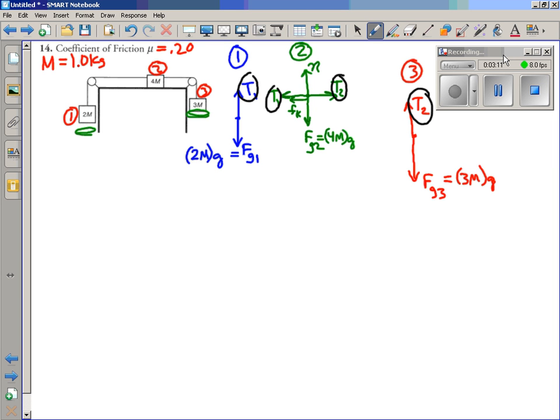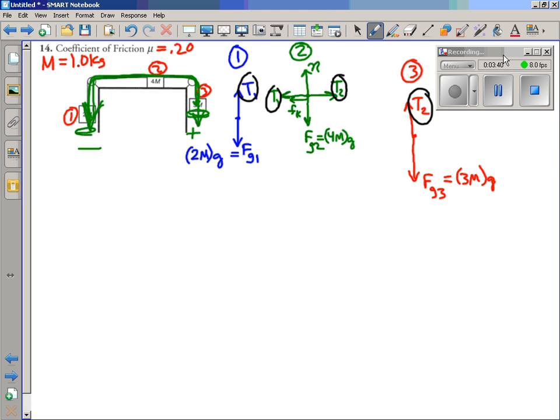So we're going to, again, look at this in terms of a modified one-dimensional sort of problem. This whole system can either move this way to the right, or the other way to the left. So let's call this positive and this sense negative.